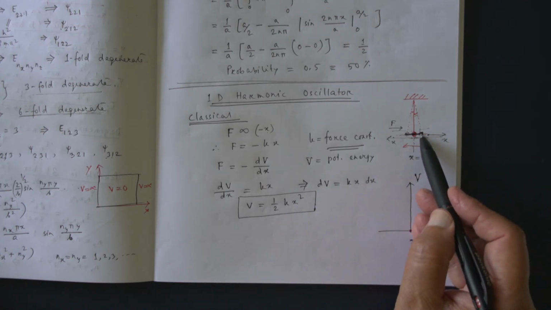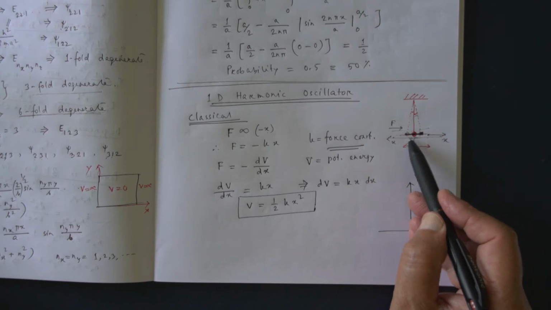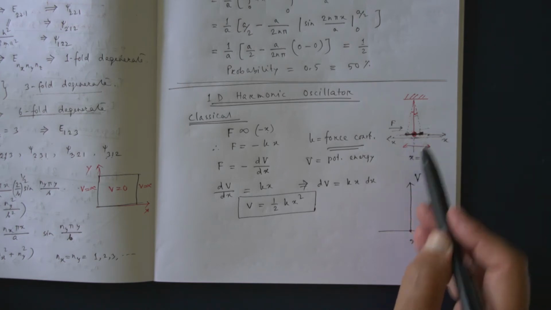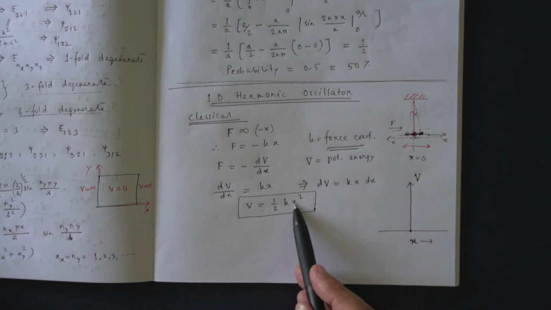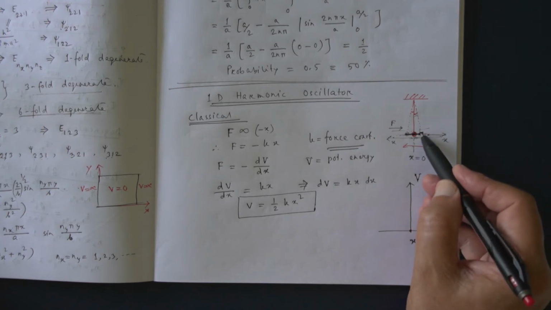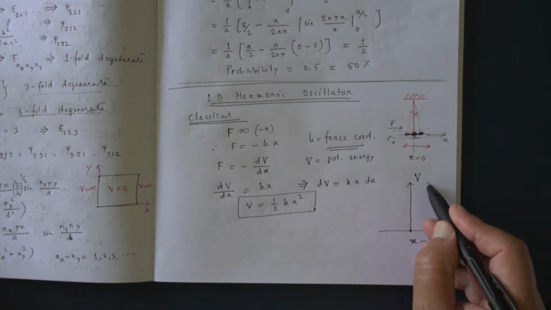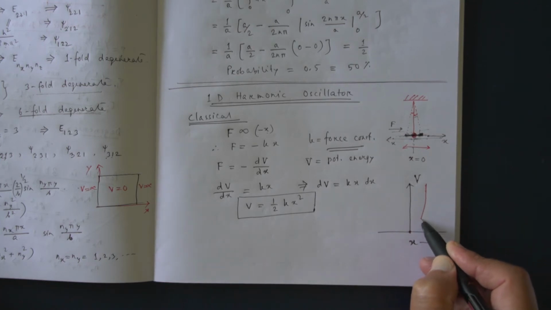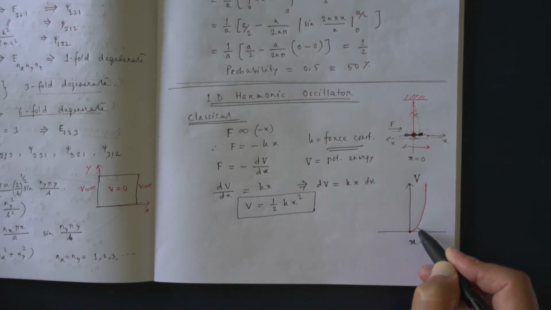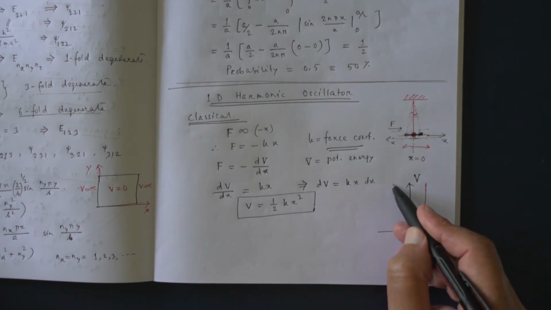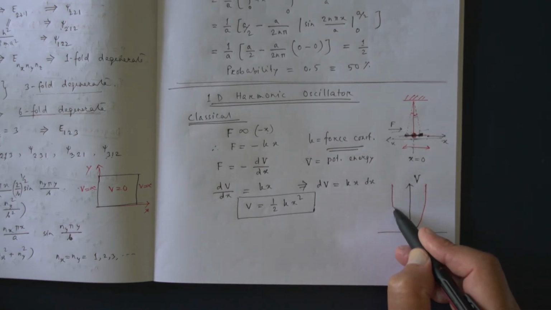Maximum displacement is the amplitude. As x increases, potential energy increases, but there is a limit. So we get a parabola like this.